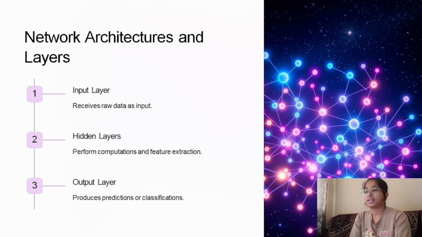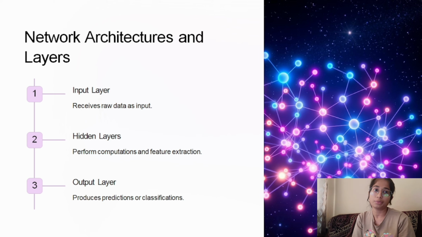Network architecture and layers: input layer, hidden layer, and output layer. Basically, the input layer is where the data is taken as input, the data on which we want to work. The work is performed in the hidden layer. Whatever analysis, computation, and patterns are to be drawn, all of that is done in the hidden layer.